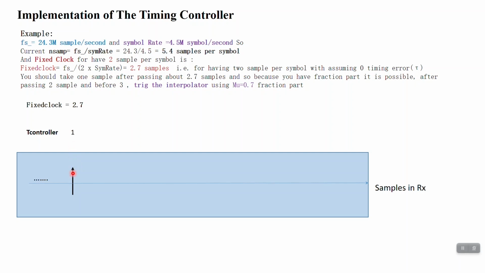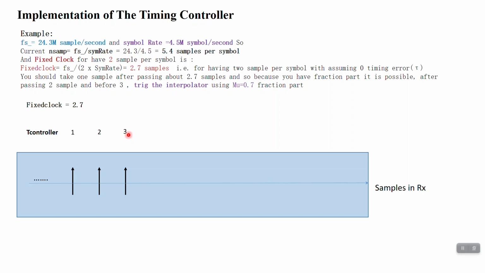Here, for the first sample, its T controller equivalent is 1, and by the coming of the second sample, it's 2. T controller for the third sample is updated to 3. This is the T controller equivalent of any sample. So, by the entrance of sample 3, the T controller is greater than the fixed lag.